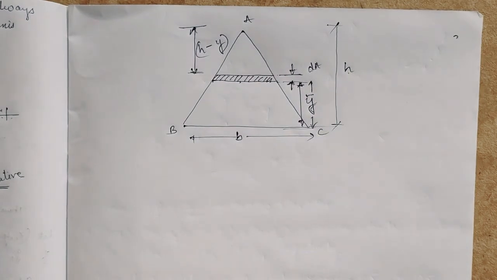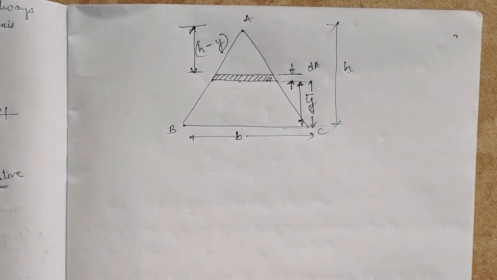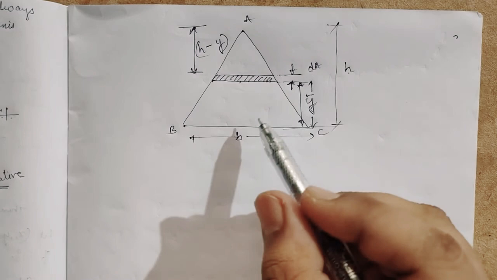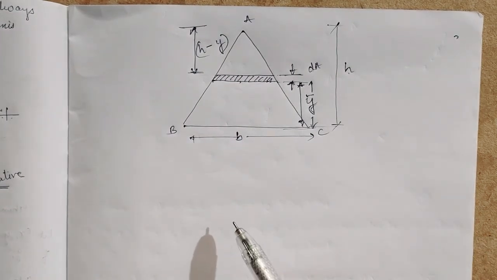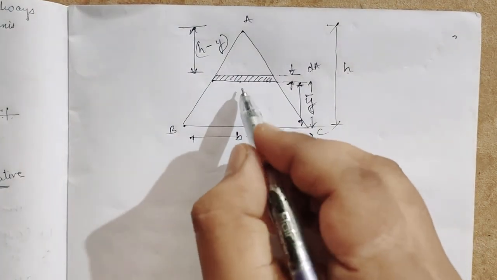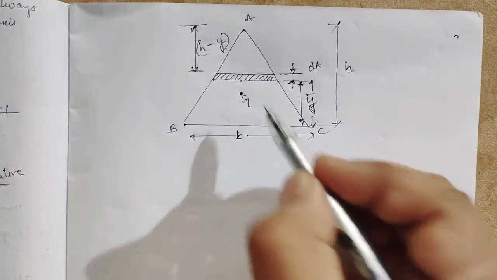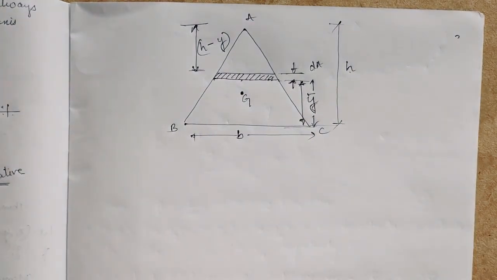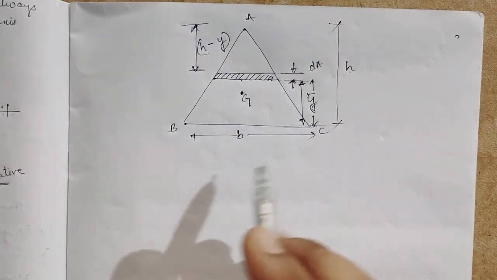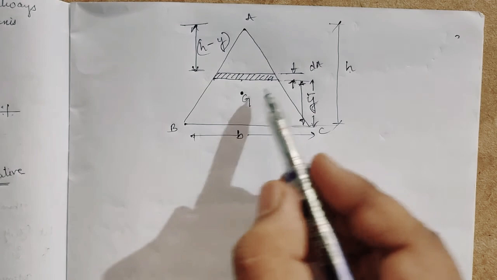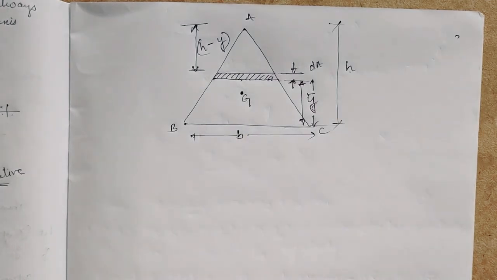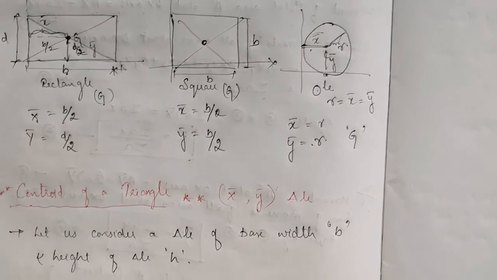Clear? So what we are writing, we have to write in comment form. Let G be the centroid, I'll assume G here. First, what you have done in this figure, you have to write it. So I'll write one by one.